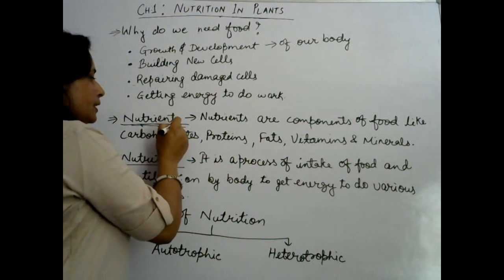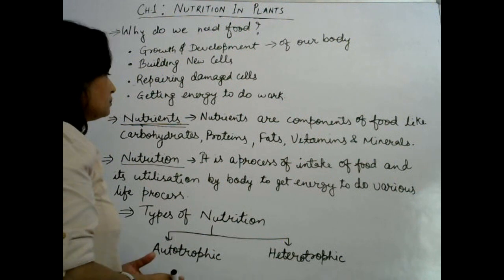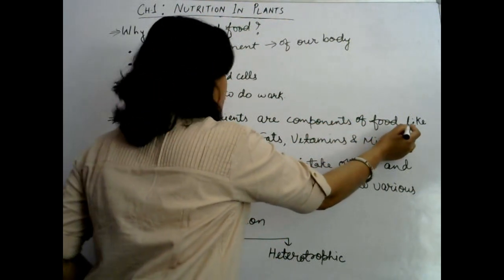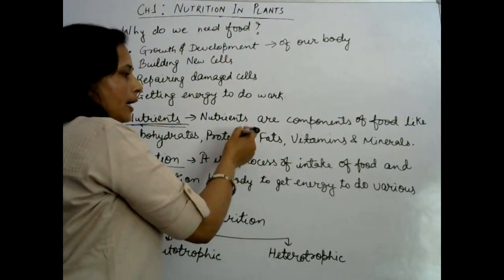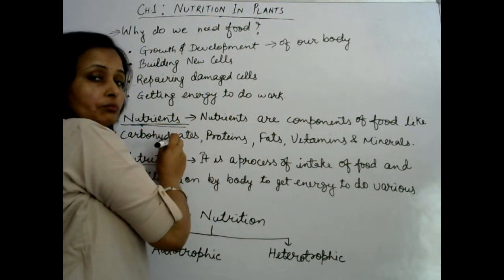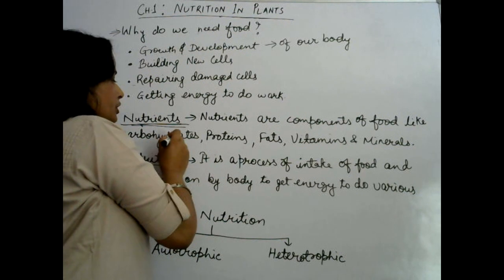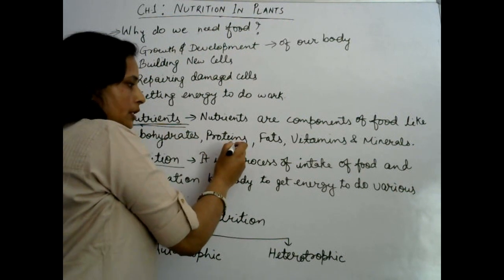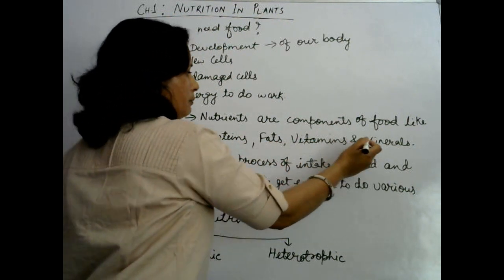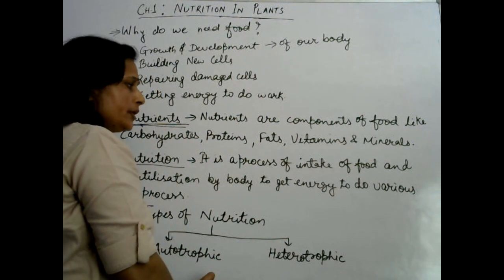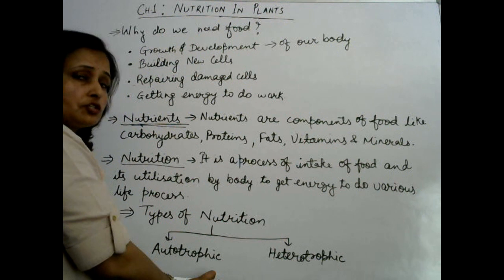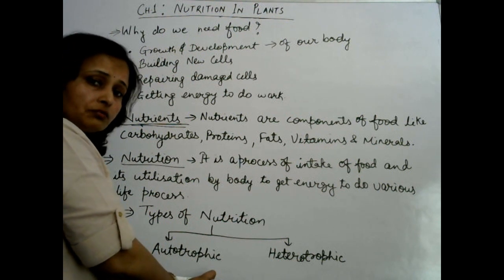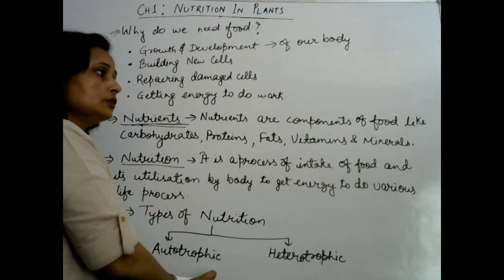Nutrients are components of food, which are found in food, and examples of these components of food are carbohydrates, proteins, fats, vitamins and minerals. Carbohydrates, proteins, fats, vitamins and minerals are components of food, nutrients of food that we can get from food.